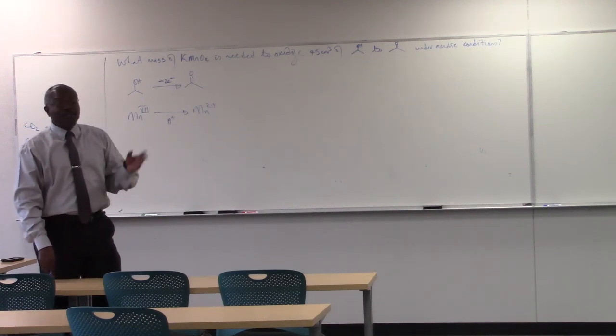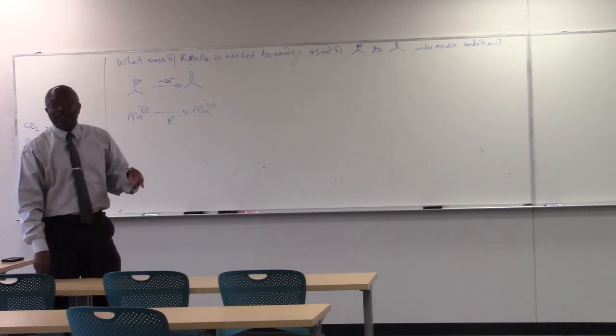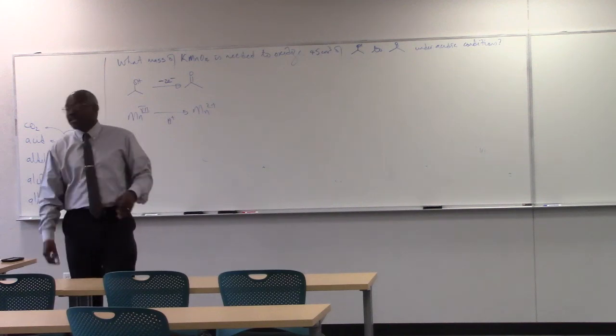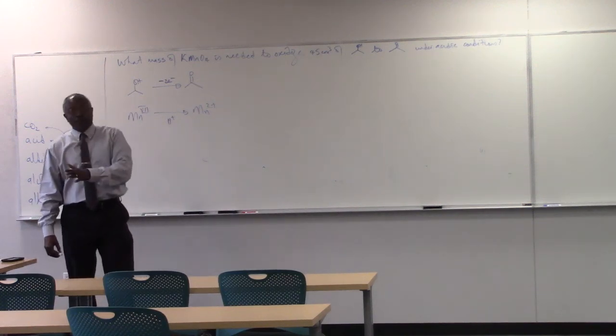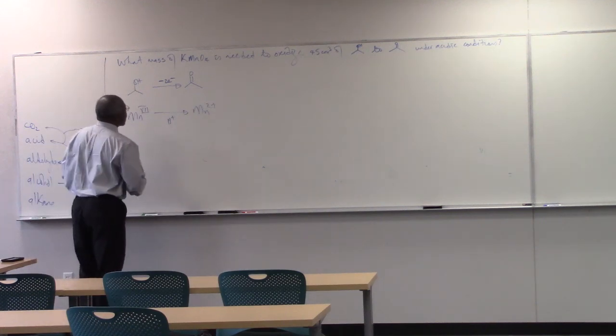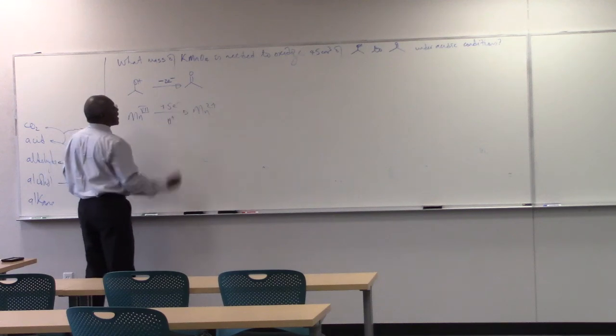I will not tell you that manganese 7 goes to manganese 4 under basic conditions. Or if I say it goes from purple to colorless, that's me telling you 7 to 2. If I say there's a black precipitate, that's me telling you 7 to 4. So you must know that. Under acidic conditions, we go from manganese 7 to manganese 2. That's a 5 electron gain.